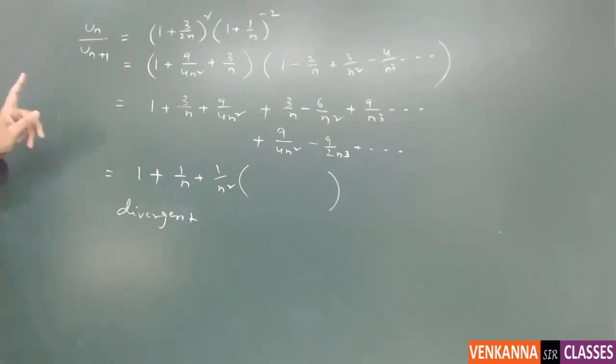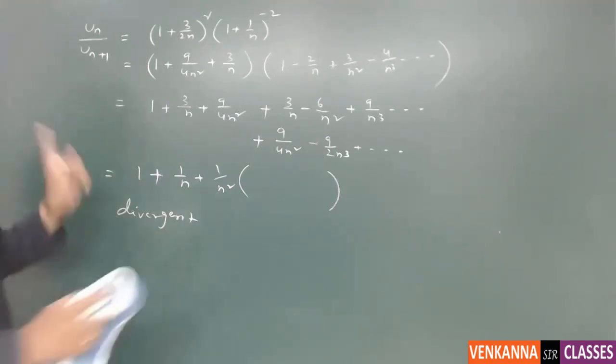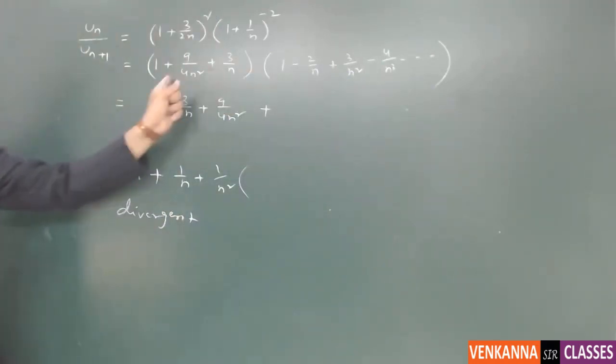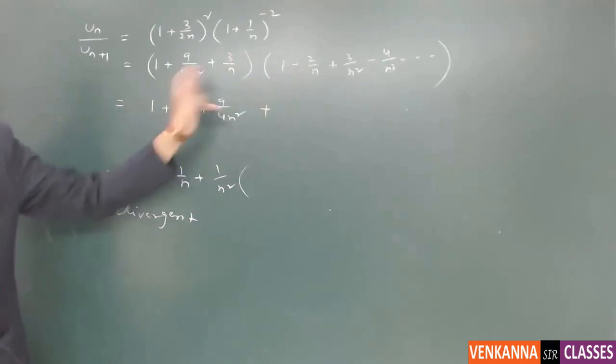I think I have to modify that. I have written it wrong here. Once multiplying with 1, I should multiply with minus 2 by n, right? All the values.